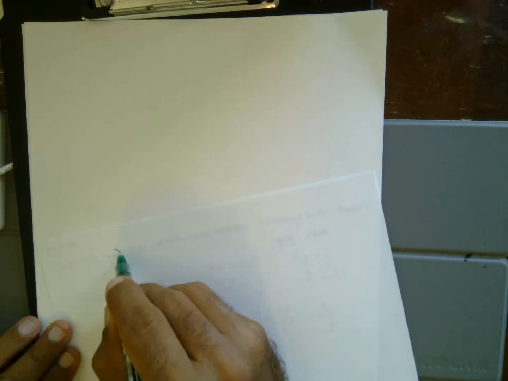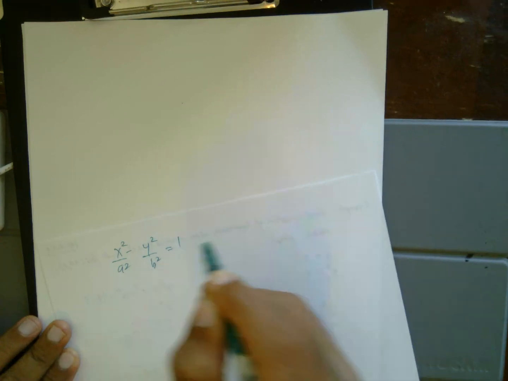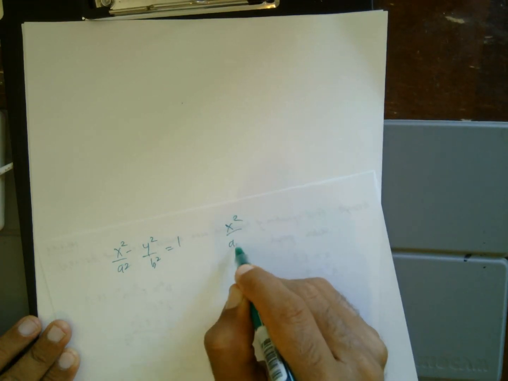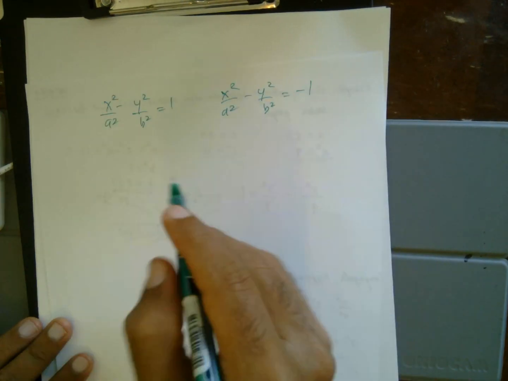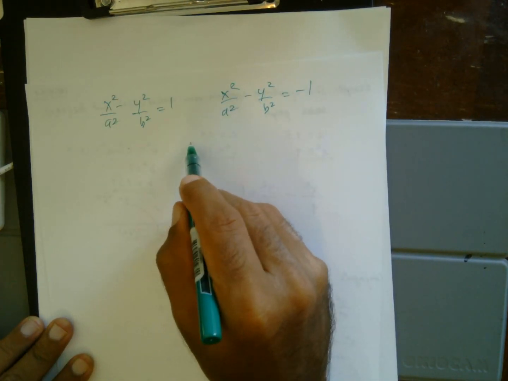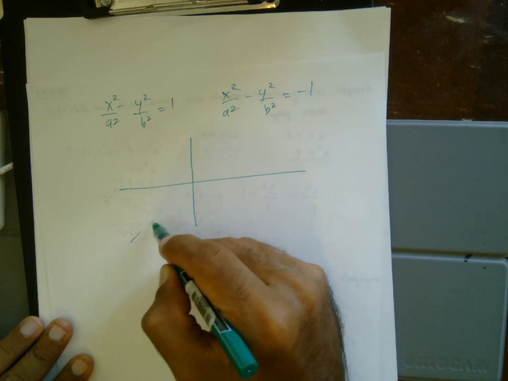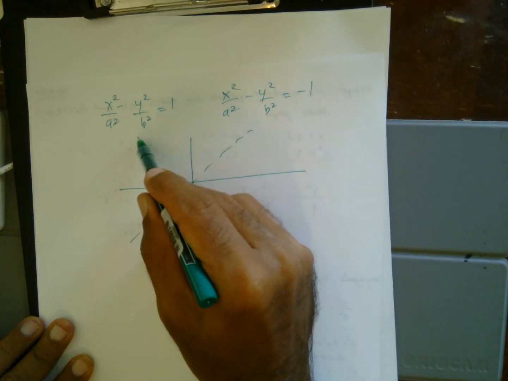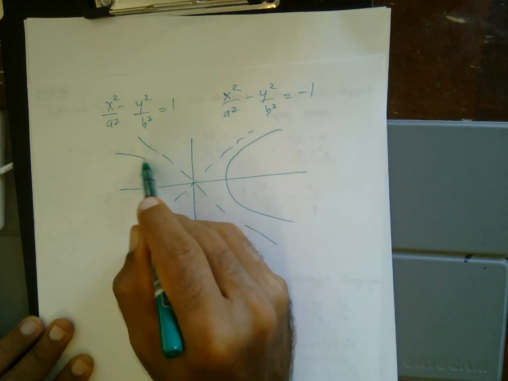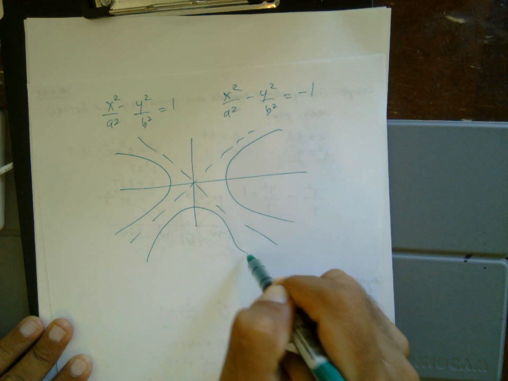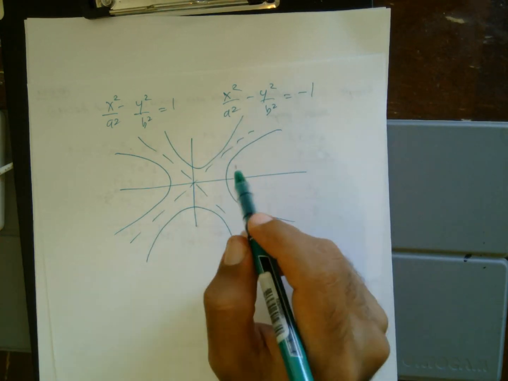So if I look generally, x squared over a squared minus y squared over b squared equals 1, and x squared over a squared minus y squared over b squared equals negative 1. What it means by conjugate is that they are very much symmetrical, meaning they have this nice structure where they cover all four halves of the division created by the asymptotes.